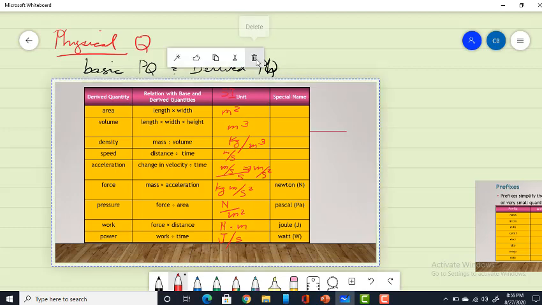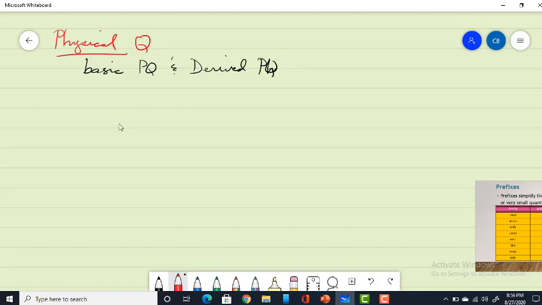Okay, let me erase this one. For the system of units, we have the SI system. The SI system uses three basic fundamental quantities, the MKS: M for meter for length, K for kilogram for mass, and S for second for time.